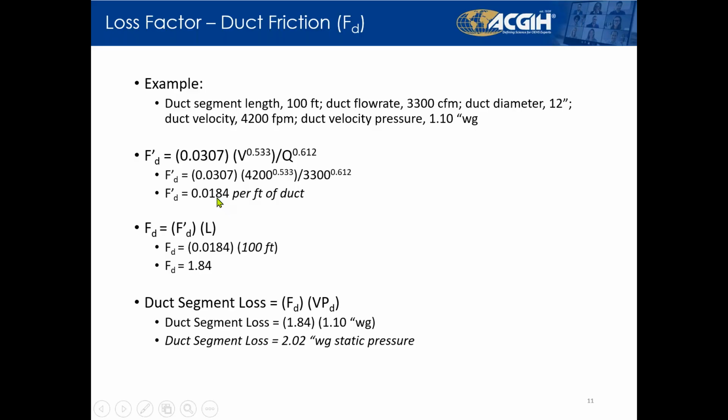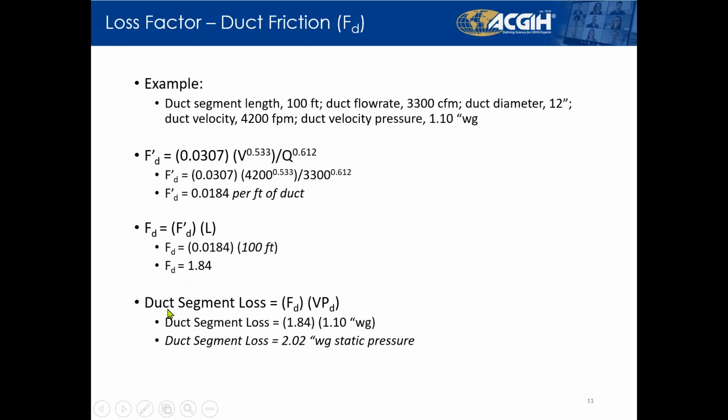So now that we know F prime sub D, we can determine F sub D. F sub D is simply our friction loss factor per foot of duct times our duct length, which is 0.0184. In this case, we have 100 feet of duct. And so F sub D is 1.84 for this particular example.